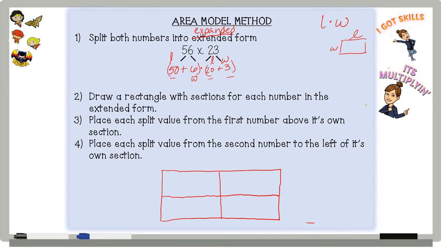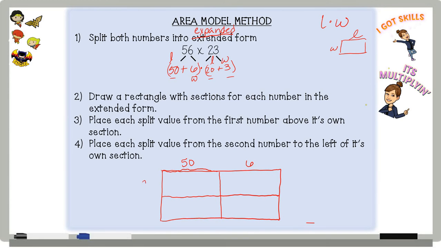So place each split value from the first number above its own section. So what that means is, so like this would be 50 and this would be 6. Okay, so it's like this length right here is 50 and this one is 6. Step number 4, place each split value from the second number to the left.